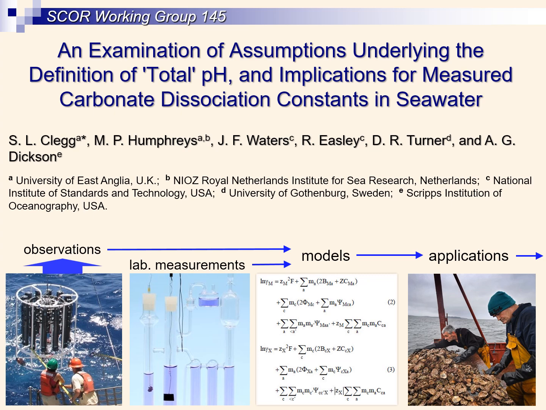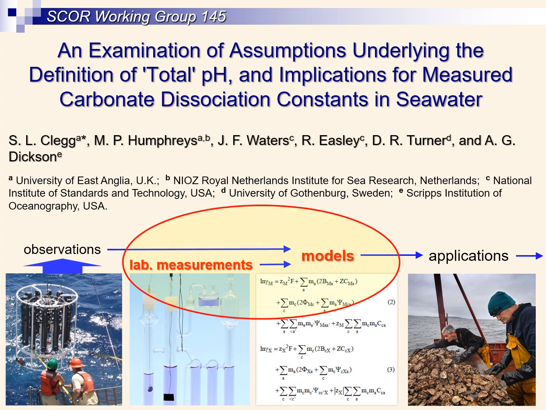Now, looking at the lower half of the slide, in the sequence observations and laboratory measurements through models to applications, we focus on lab measurements and models in our project.